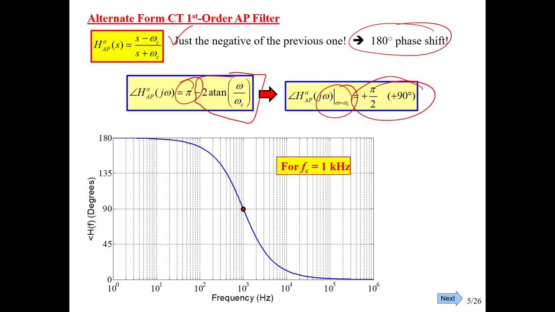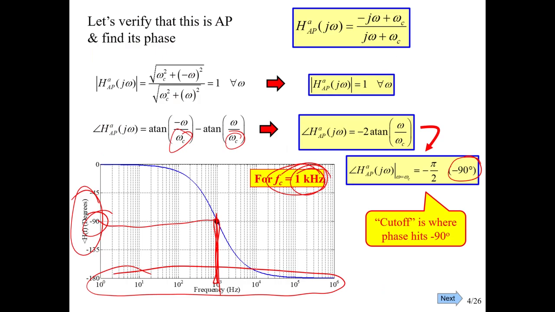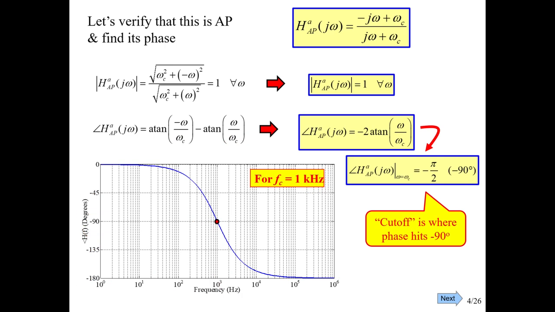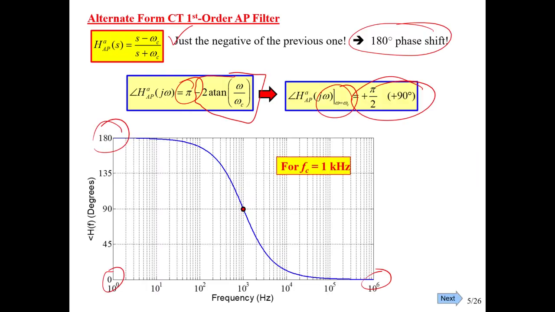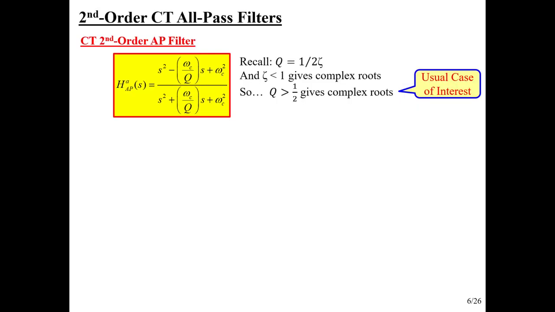So now this goes from 180 down to 0, whereas for the previous version, it went from 0 down to minus 180 degrees. So that's really the only difference between these. And we'll sometimes use one and sometimes use the other when we're using all-pass filters to build low-pass, high-pass shelves and so forth.